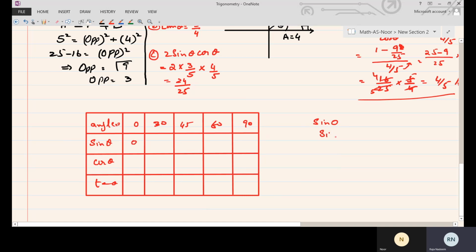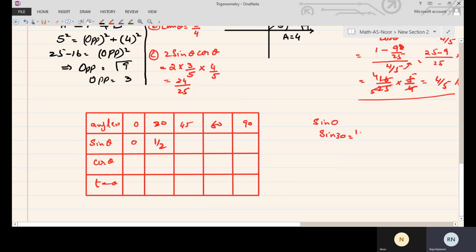And if I ask you to check the answer on your calculator for sine 30, yes, it is 1 over 2.